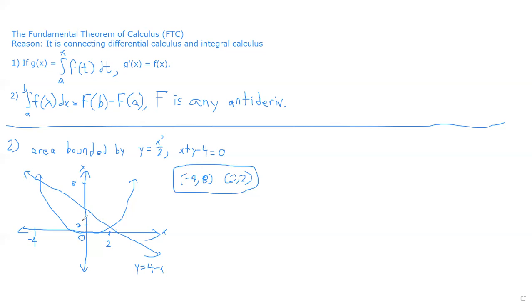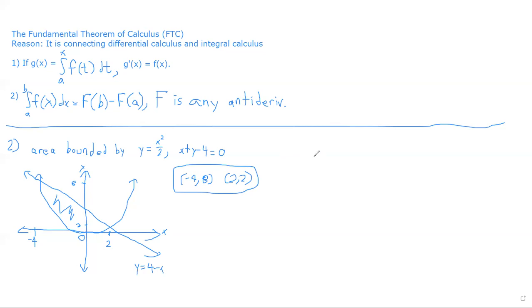You have two ways you could find this area. You can either find the area separately with 4 minus x subtracted by x squared over 2, or you can just do them together. I'm going to do them together.